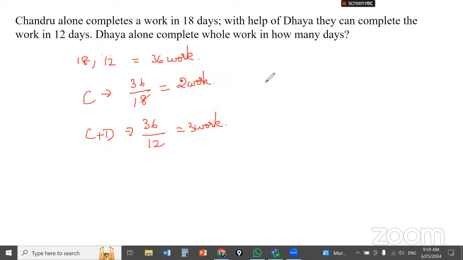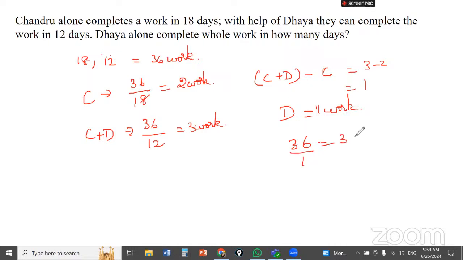If you want to find D, it is C plus D minus C. So 3 minus 2 is equal to 1. So D alone does one work in 1 day. Totally 36 work has to be done, so divided by 1, he takes 36 days. This is another way. We'll be using this in a few questions. It's a similar thing, but a different way. That's all.